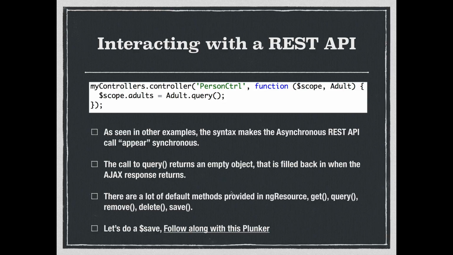And the ng-resource provides a lot of methods that you'd expect on a REST API type of service, like a get, a query, a remove, delete, save type of thing. So we're going to go through and do an example of doing a save in a Plunker here.